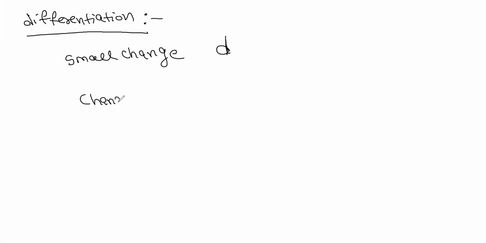In general, the change is represented by delta, so when the change is very small, we represent it with d. This is the normal representation. Beyond this, you have to know the formulas for some concepts.